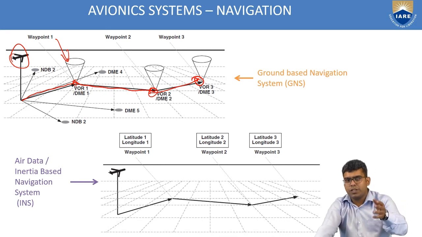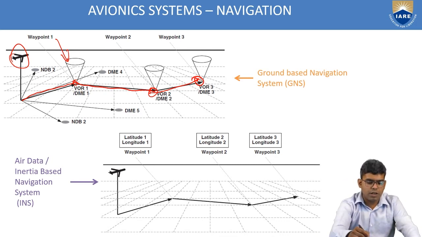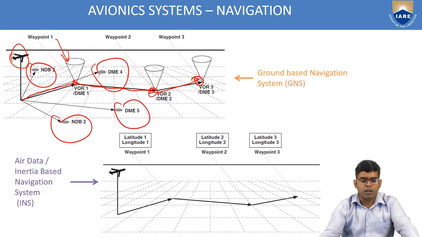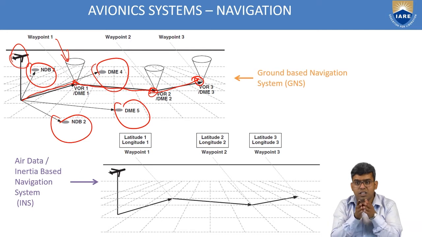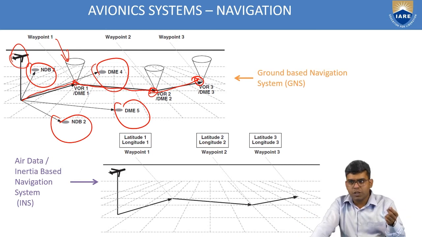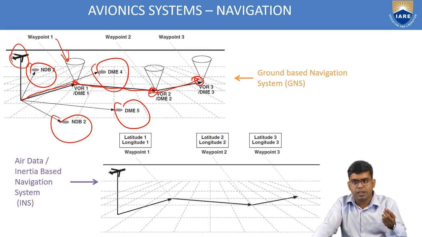Okay, apart from these, you have DME4 and DME5 and NDB2, which are actually not in the flight path of an aircraft. They are a bit aside or beside the flight path, which provides me a way to calculate the error in my heading.